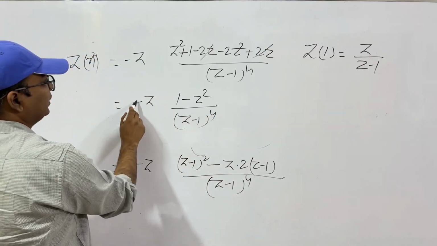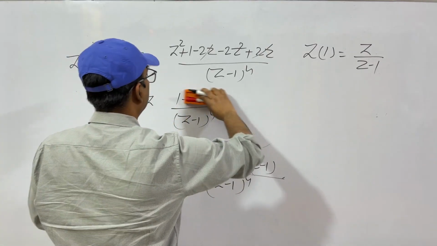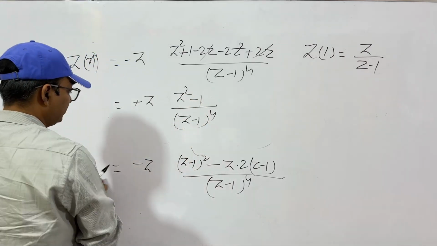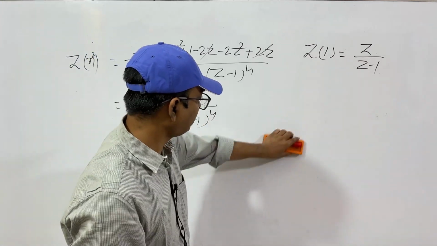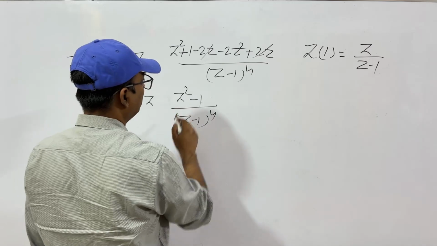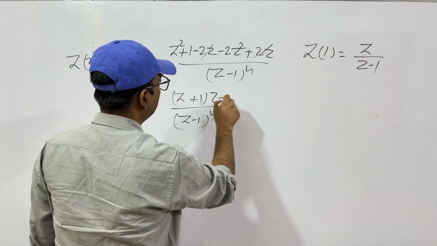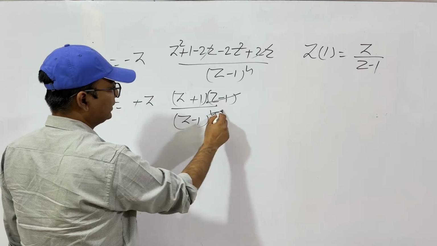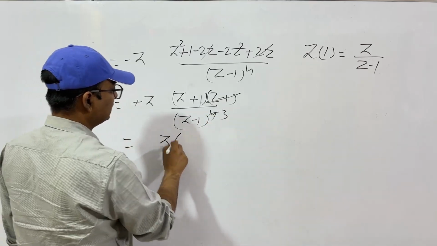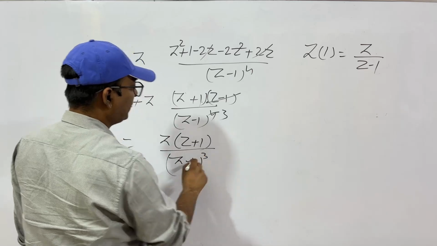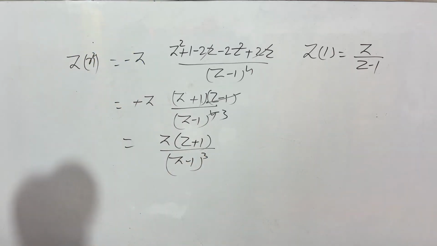Or if we put the sign here, what you will get is z square minus 1. Then z square minus 1 can be written as z plus 1 into z minus 1. So this cancels this, and this becomes z plus 1 by z minus 1 cube.